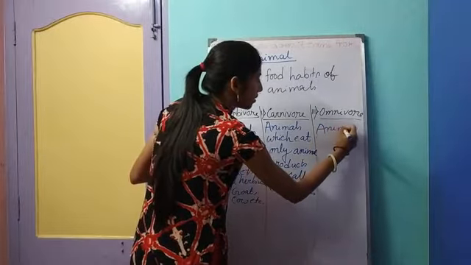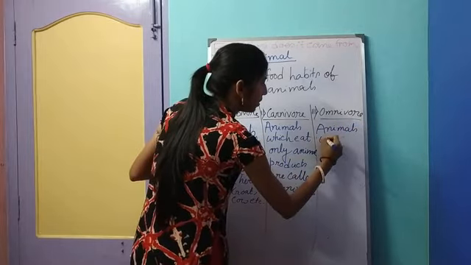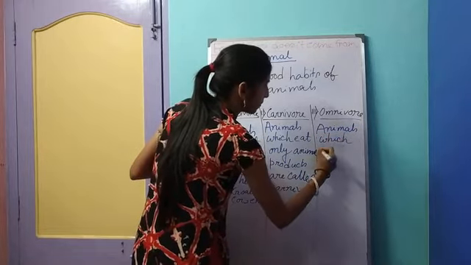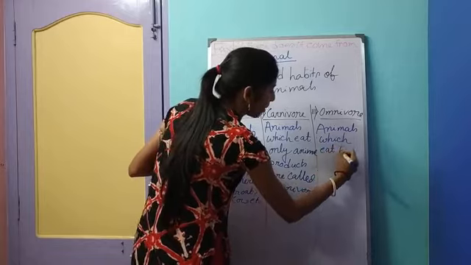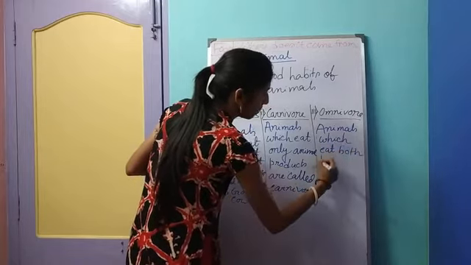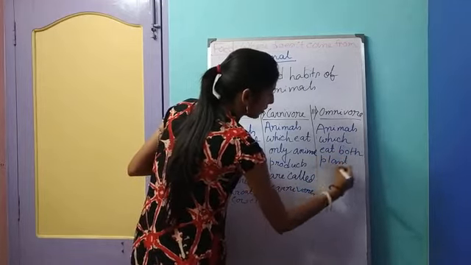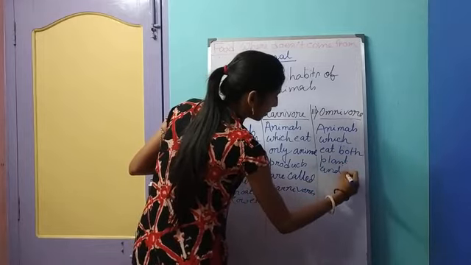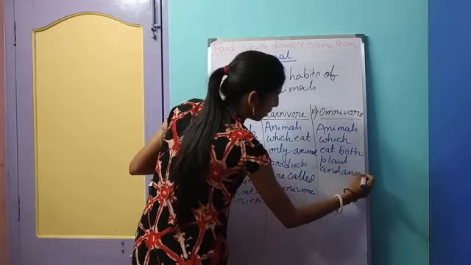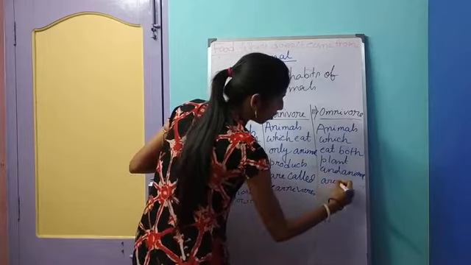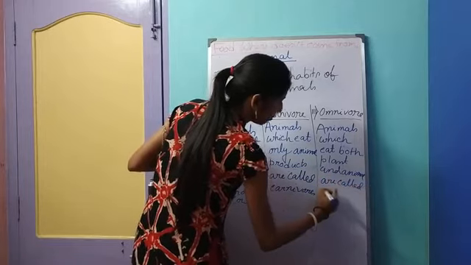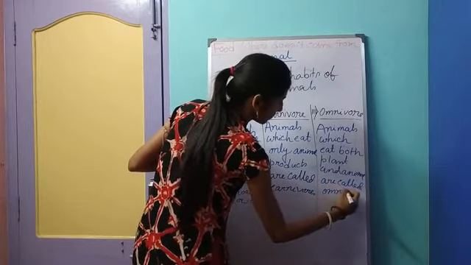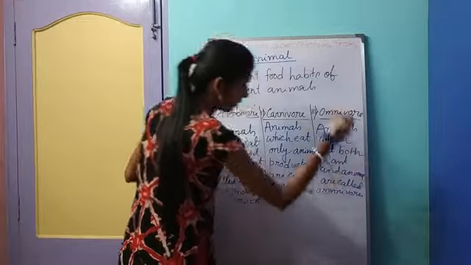Animals which eat plant and animal are called omnivores. Okay.